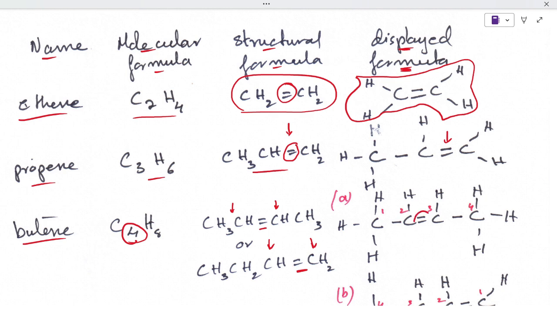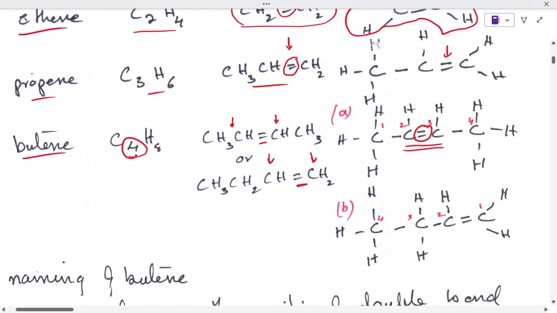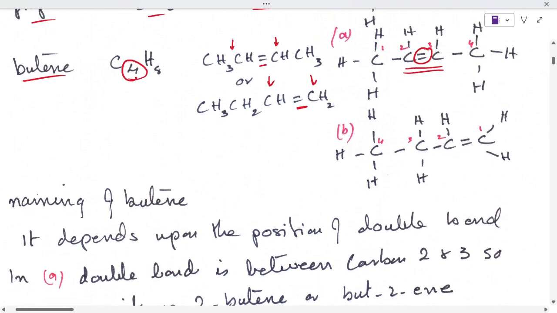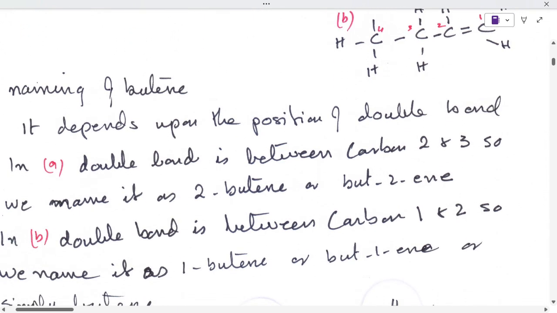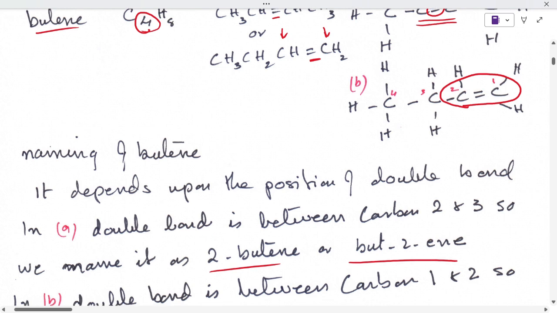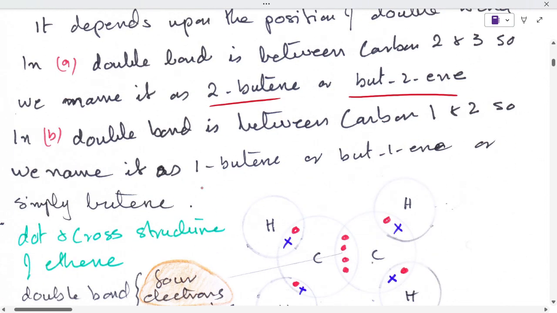In A, the double bond is between carbon 2 and 3, so we name it as 2-butene or but-2-ene. Now these hyphens or dashes are very important. Then in B, the double bond is between carbon 1 and 2, so we name it as 1-butene or but-1-ene.